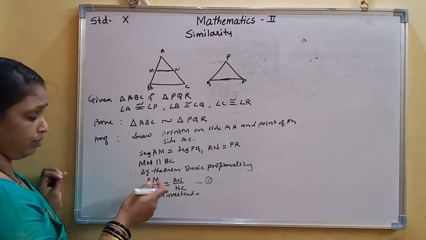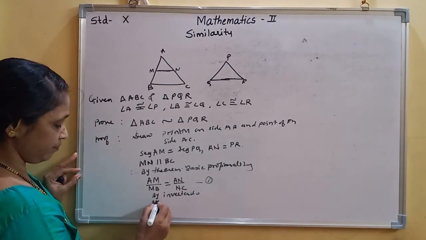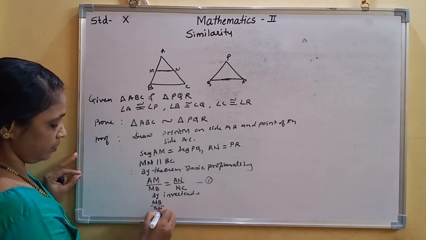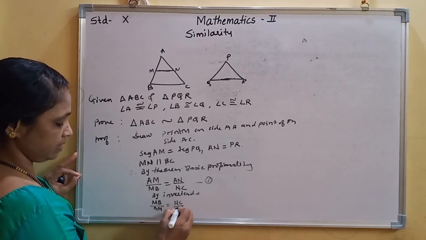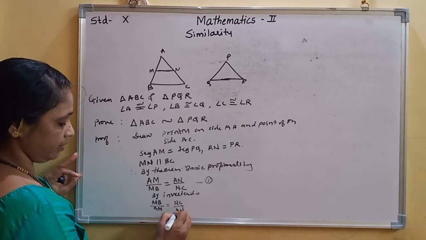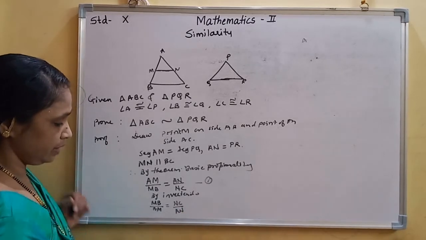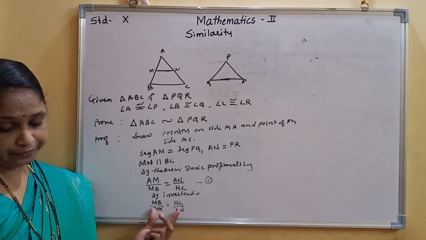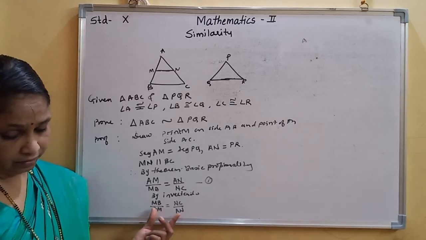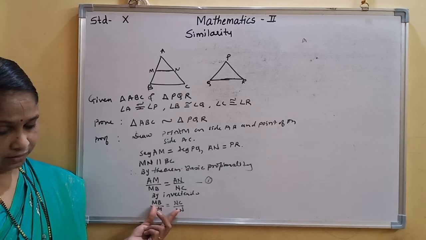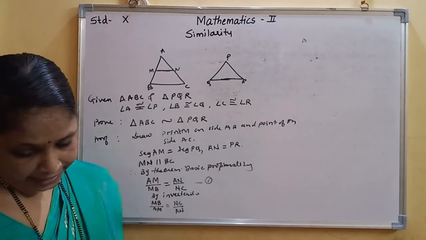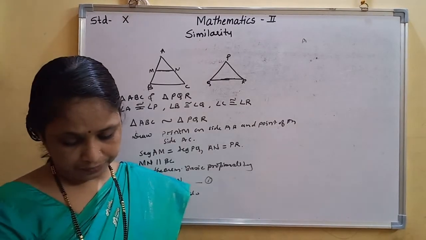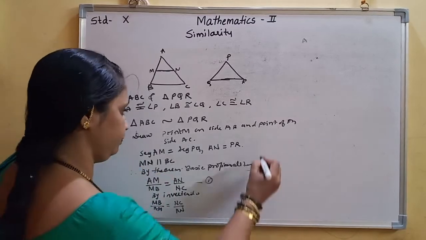Now by invertendo, MB upon AM is equal to NC upon AN. Okay, now we have got this. Now what we have to do? We have to add by componendo.